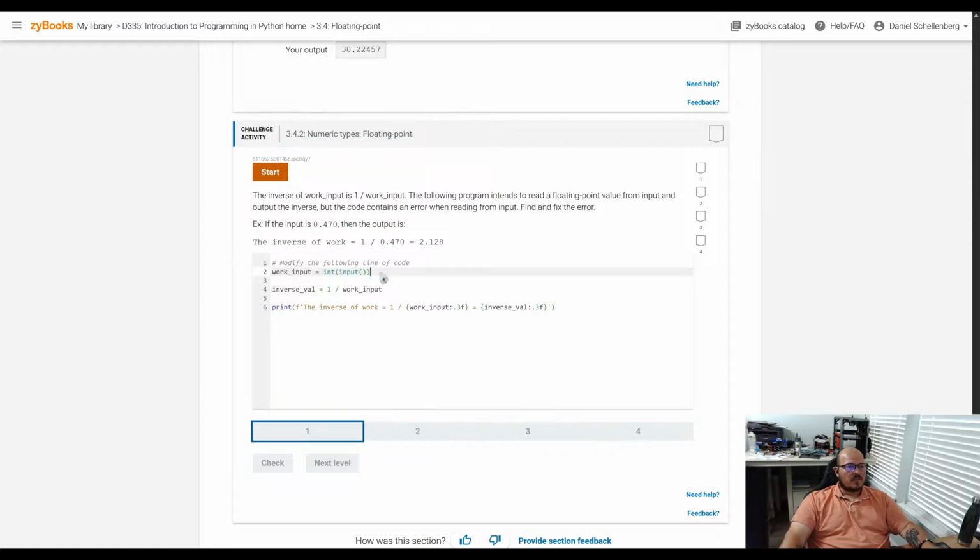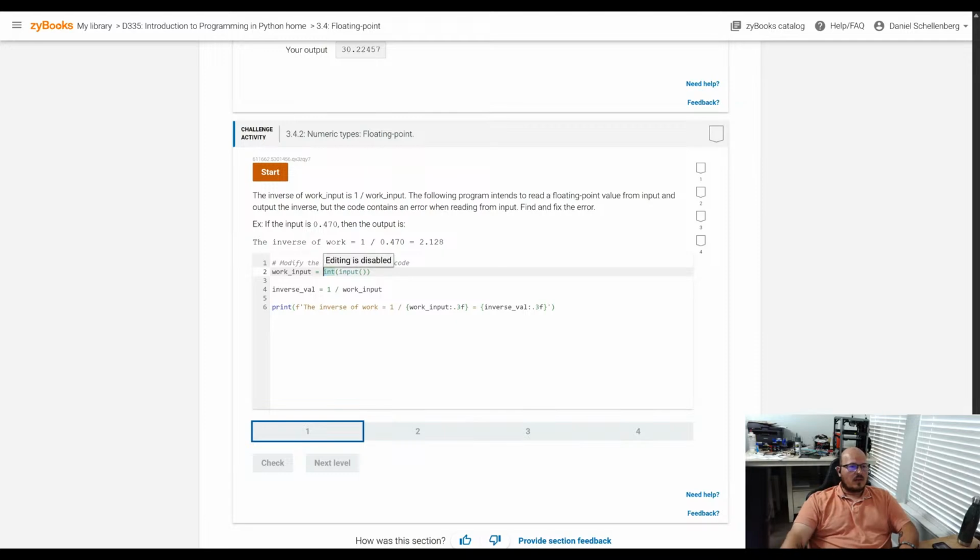Okay, let's see. I think I know what's wrong here. The input looks like it's taking in a decimal number, and if you remember, decimal numbers are actually floats. And this here is converting the input to an integer instead of a float.